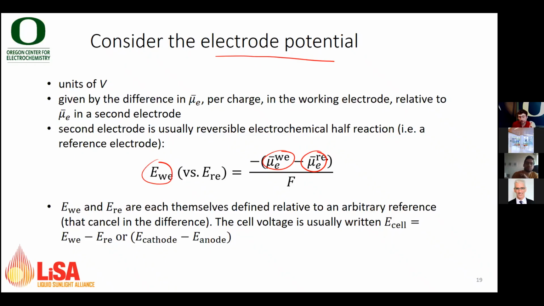In the next part of this lecture next week, we'll show how we can define the electrochemical potential of the electron based on equilibrium processes, or we can drive them out of equilibrium with chemistry happening in the solution.